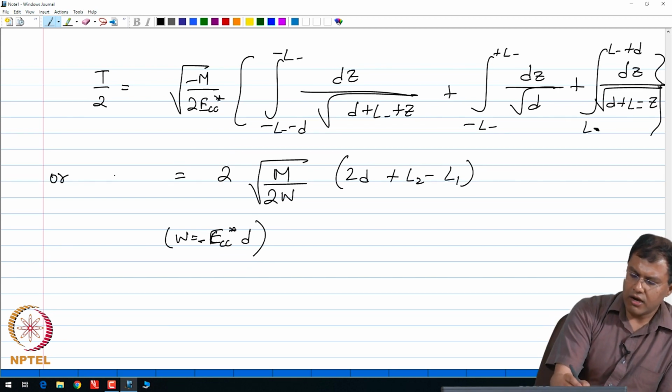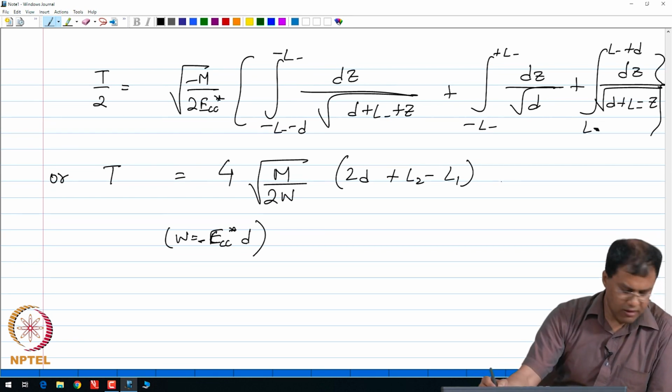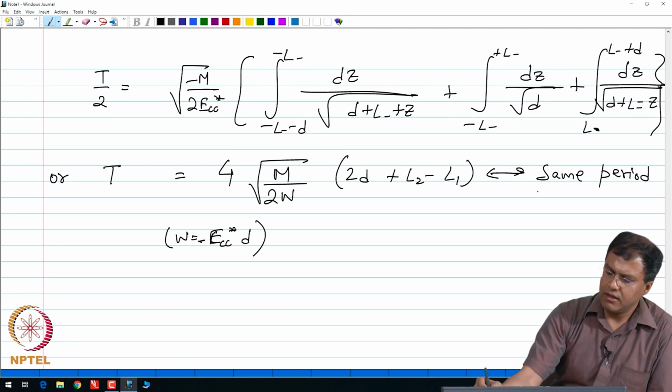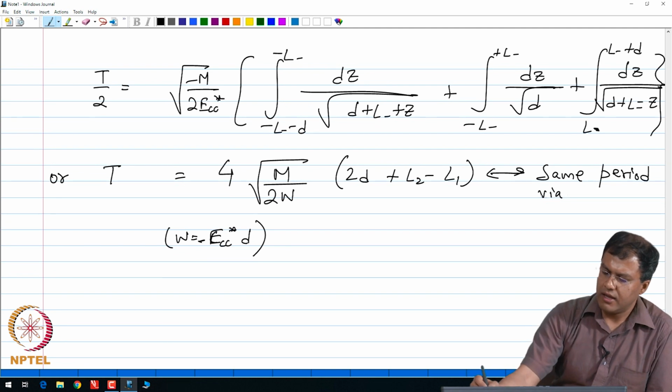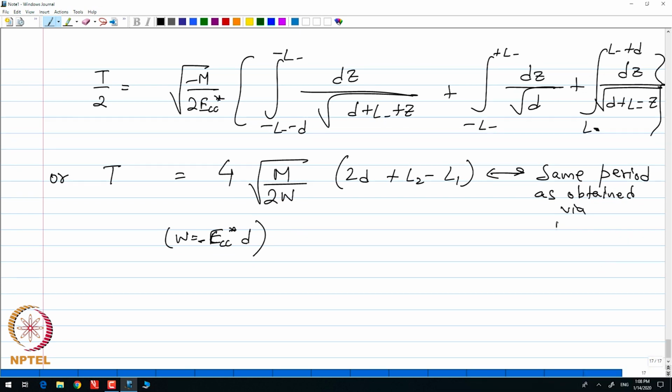So my T turns out to be 4 times this quantity, which is the same period that we obtained via Newtonian mechanics.